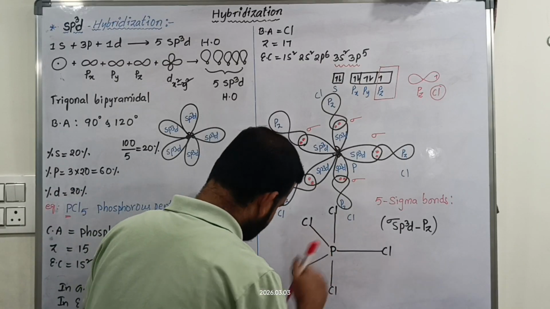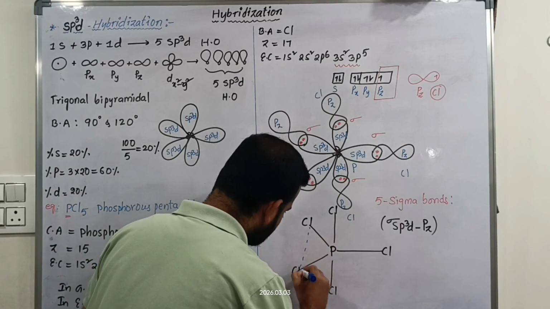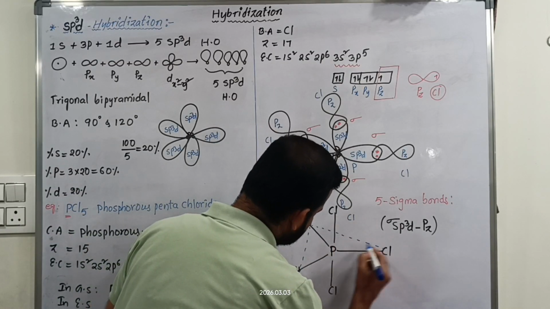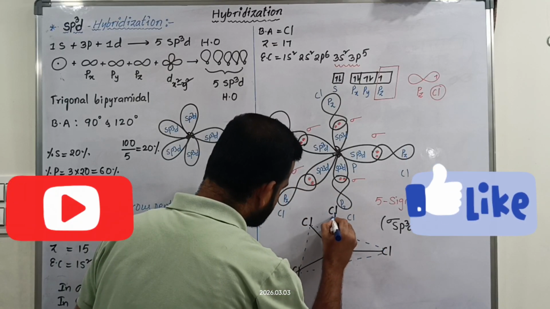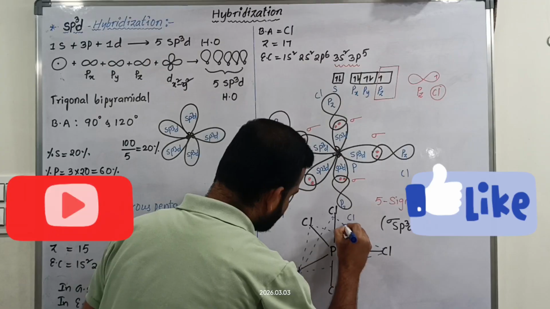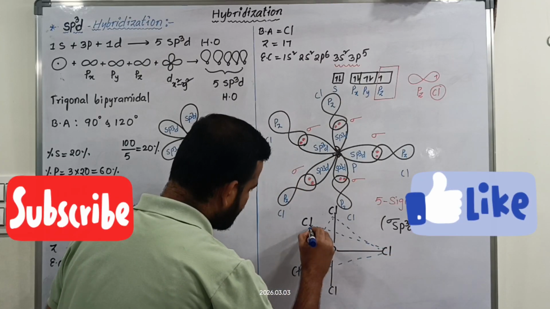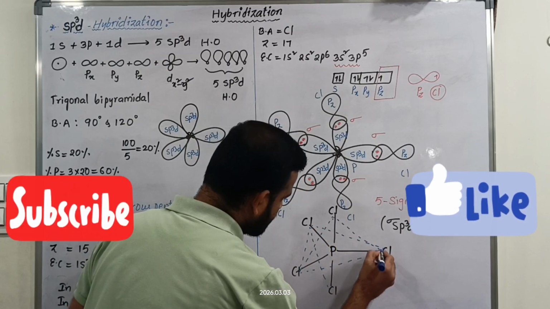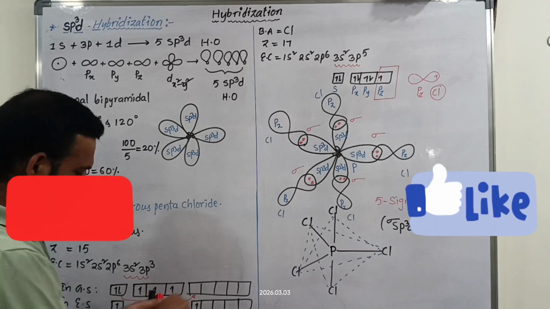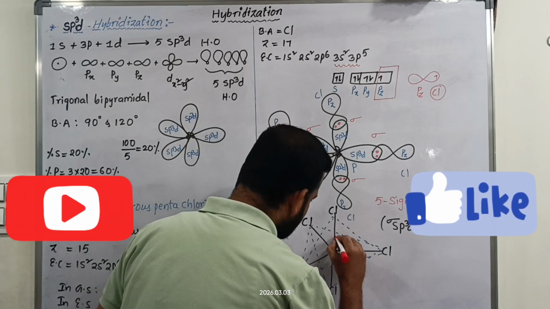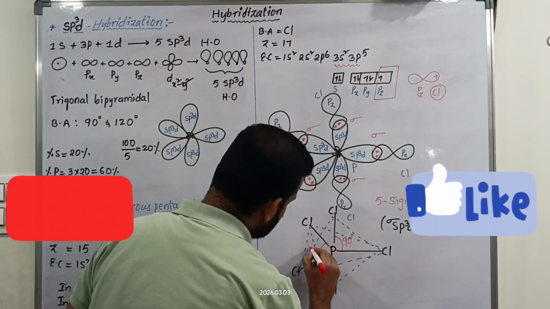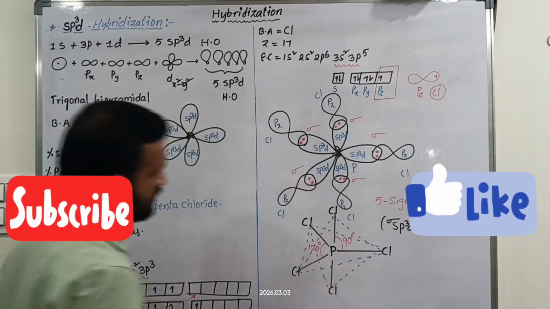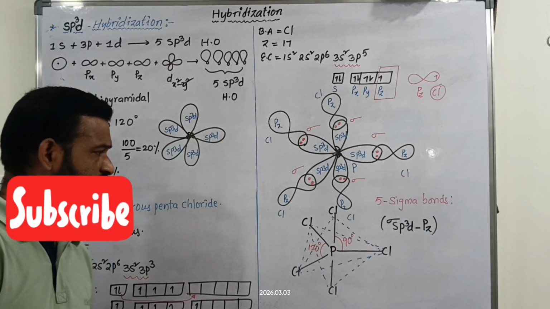So this is the shape of this molecule. What is the bond angle here? We have two types of bond angles: 90 degrees and 120 degrees.